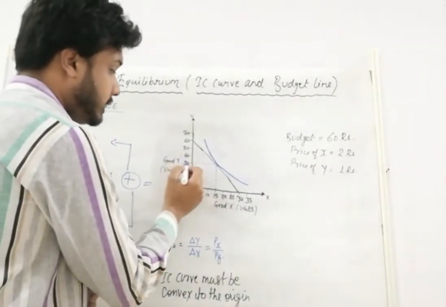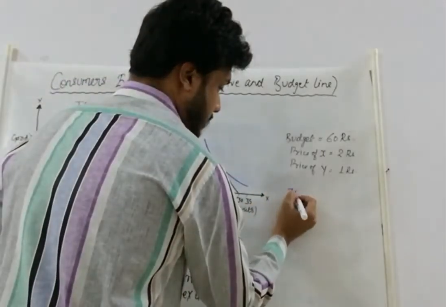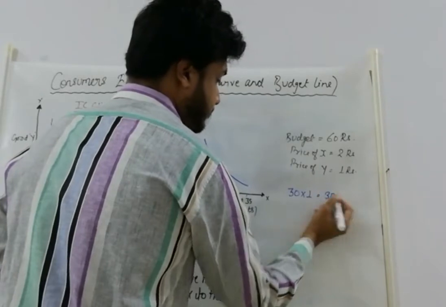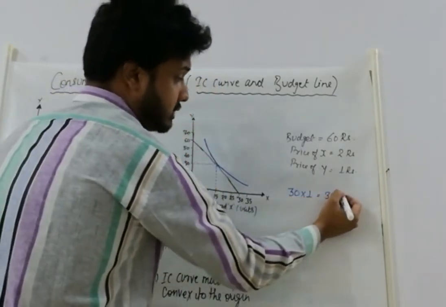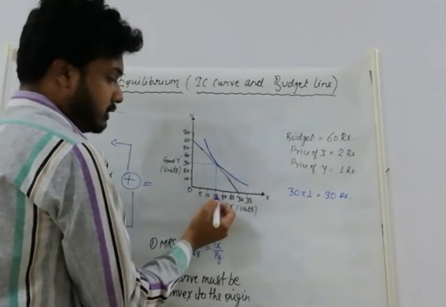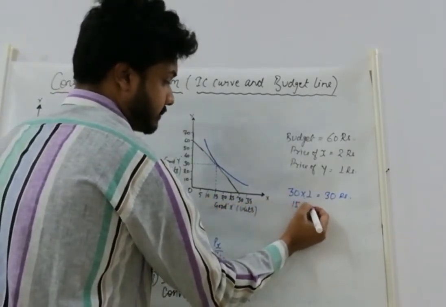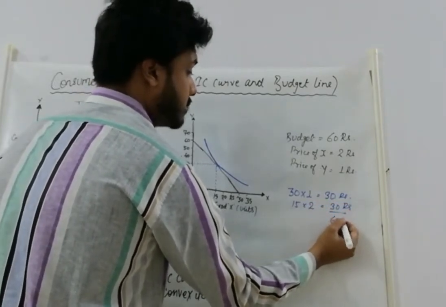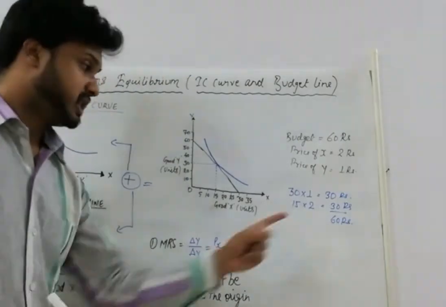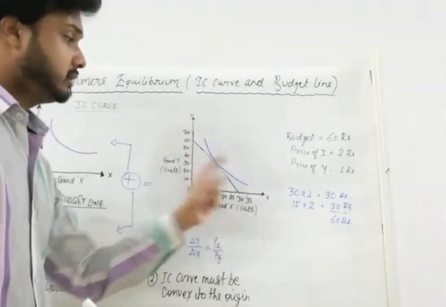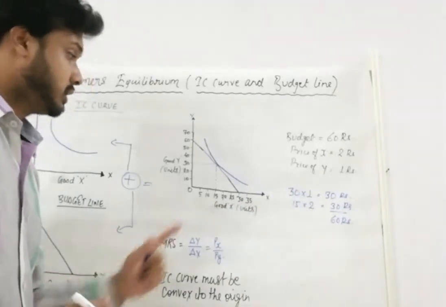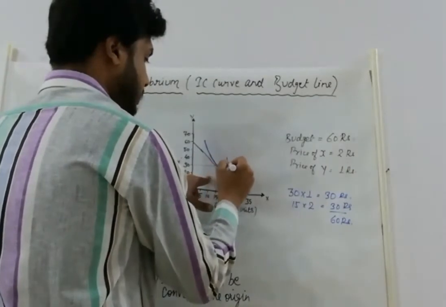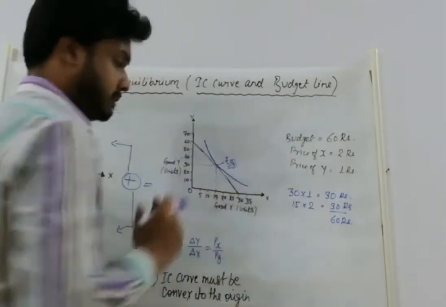Here we can see 30 units of Y at 1 rupee each is 30 rupees, and 15 units of X at 2 rupees each is 30 rupees. So our budget is fully used and we have the best combination. The consumer will attain the maximum satisfaction at this point, so this will be known as the point of equilibrium.